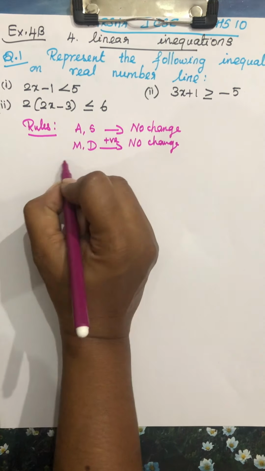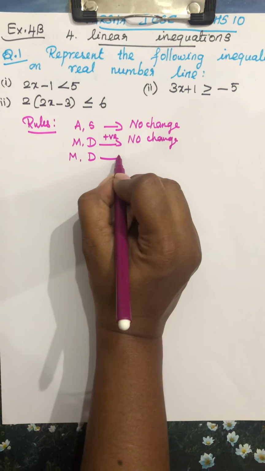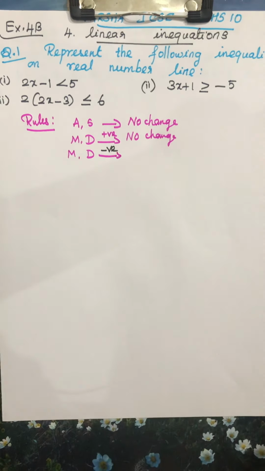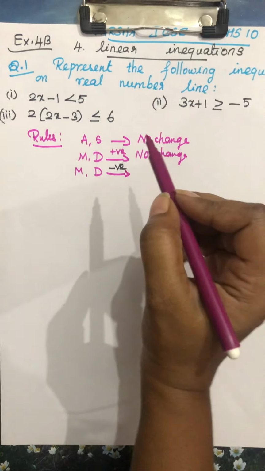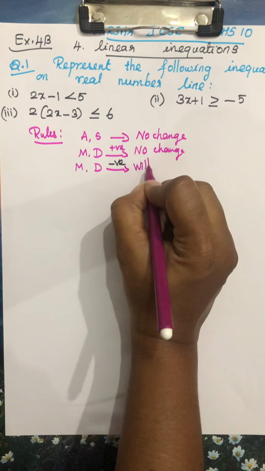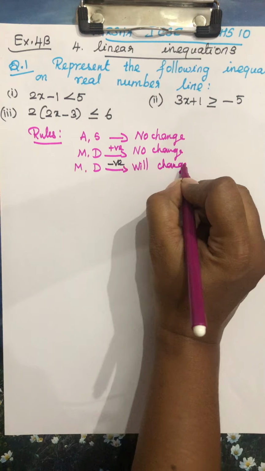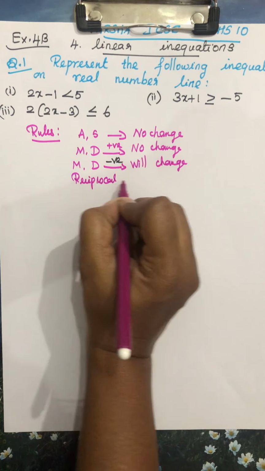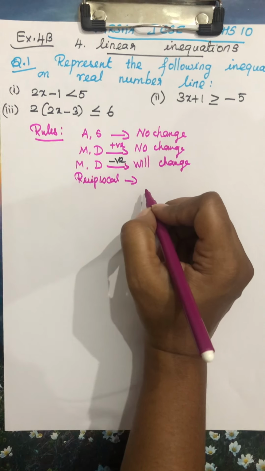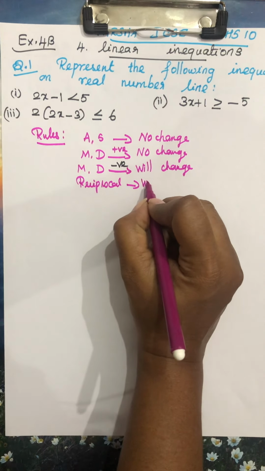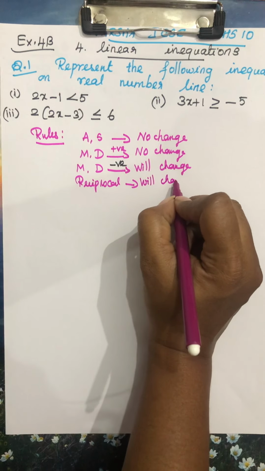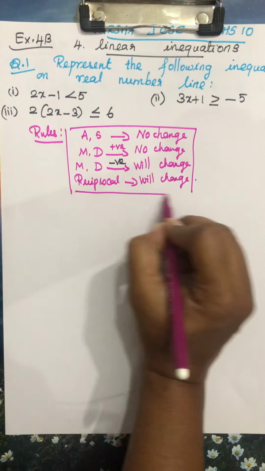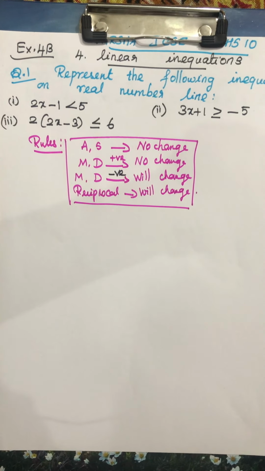For multiplication and division by a negative number, the inequality will change. And if you take the reciprocal of both sides, LHS and RHS, the inequality will change. This is a very important rule. With this rule, you can do the sums.